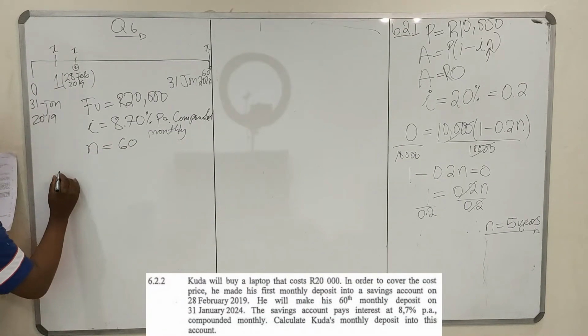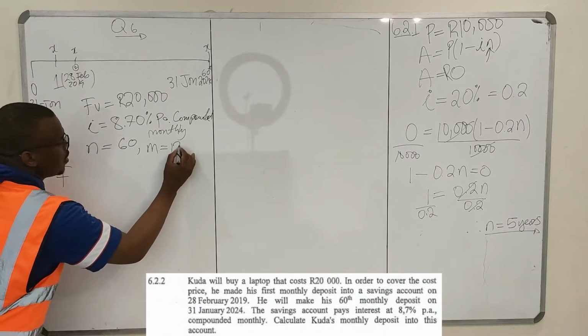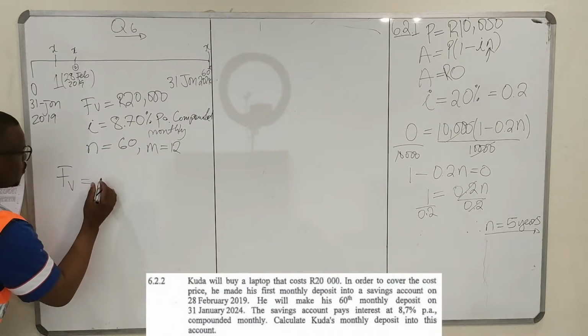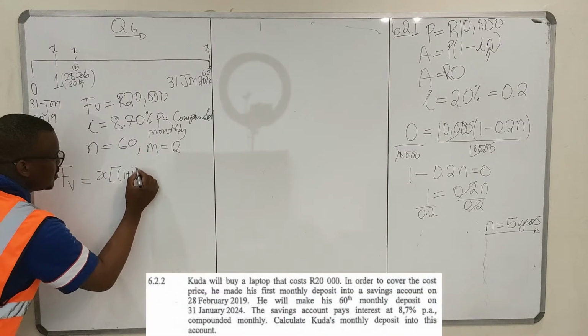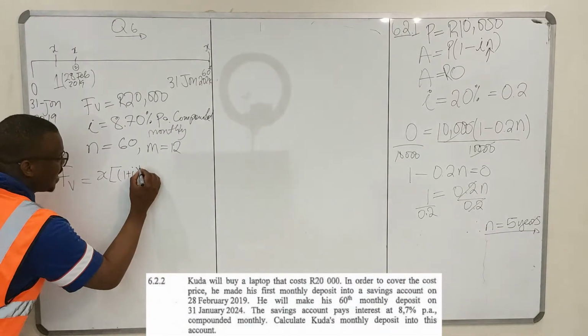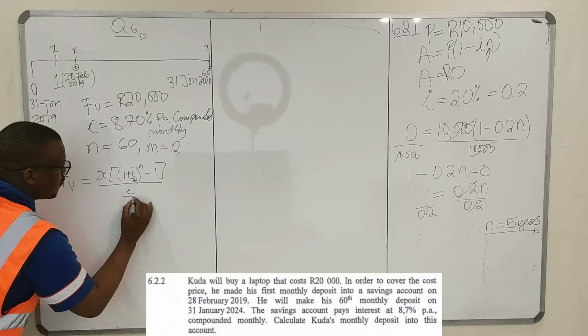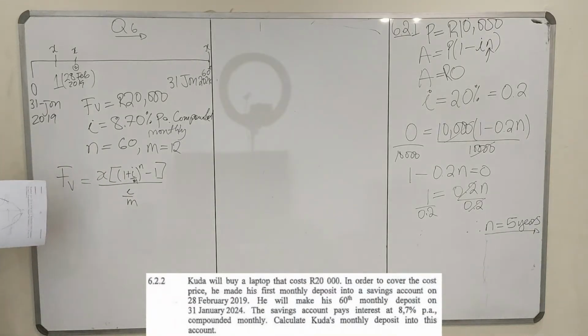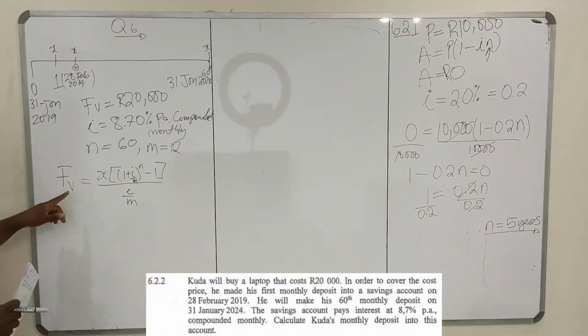So you know the formula for future value and your compoundings, of course, 12. Future value is equal to what? X into 1 plus I over m raised n minus 1 all over I over m. This is a formula for your future value, where n is the number of payments, right?